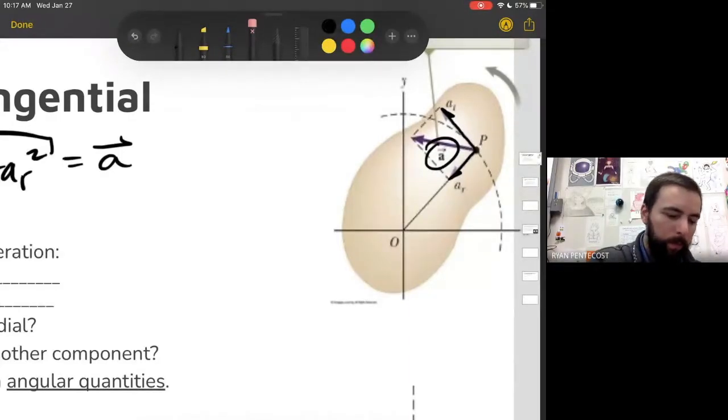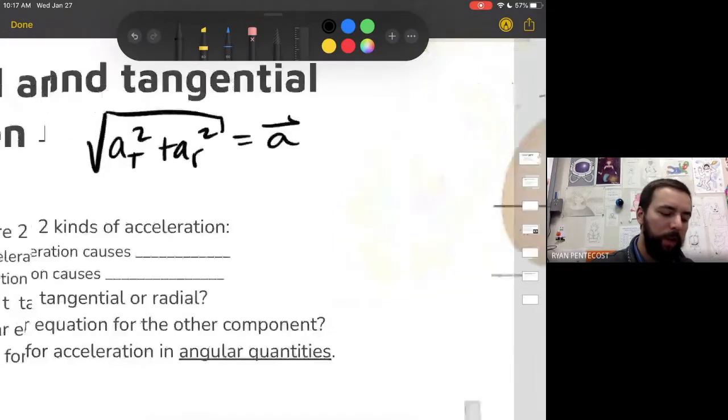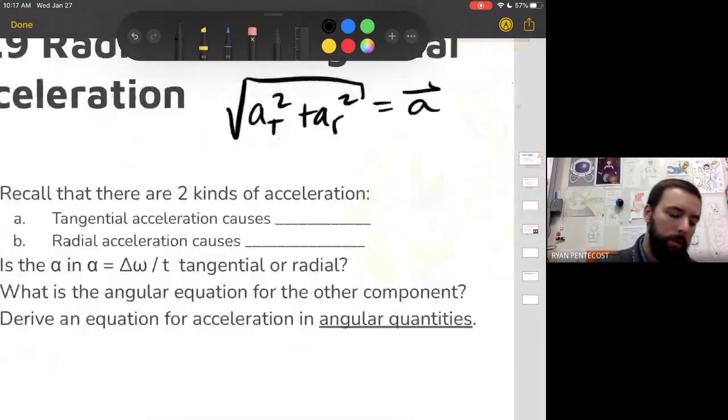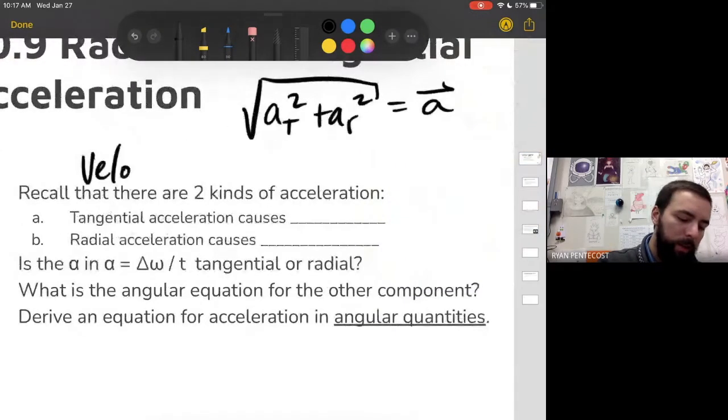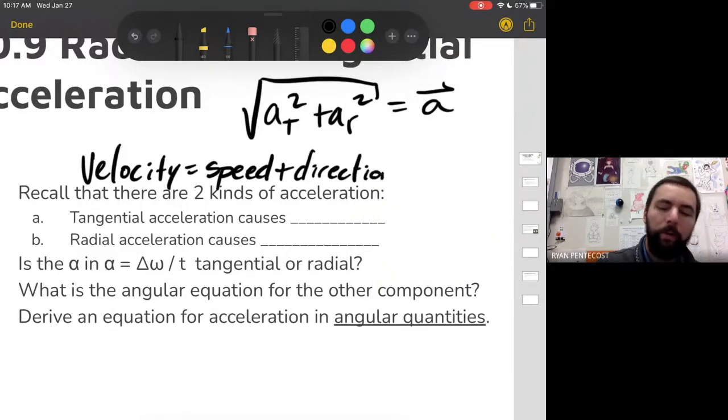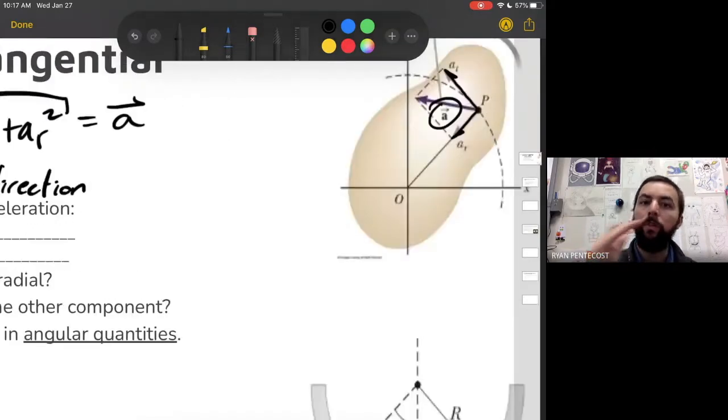Now, when we talk about tangential and radial acceleration, these both change velocity, but velocity has two components to it, right? Velocity is speed plus direction. Speed with direction is velocity. So we know that radial acceleration is all about changing your direction, right? That's what causes you to go in a circular path like we talked about last semester.